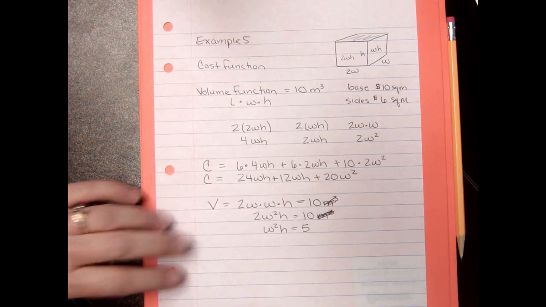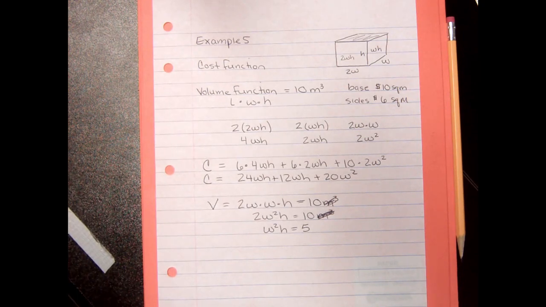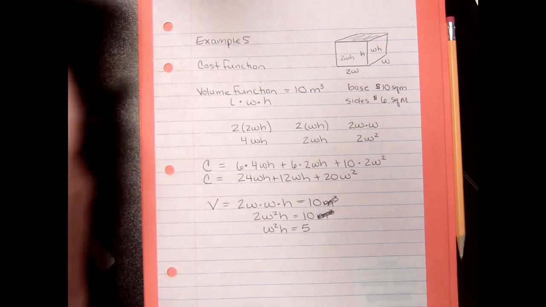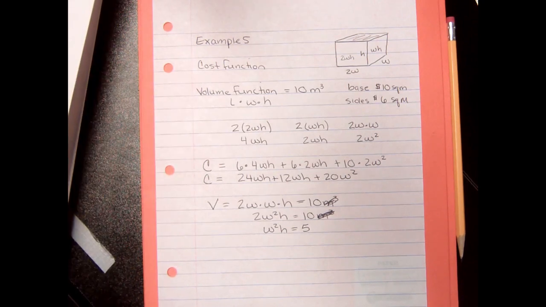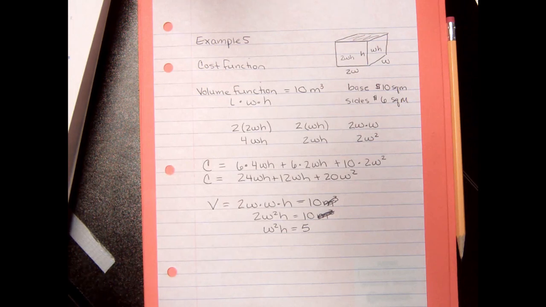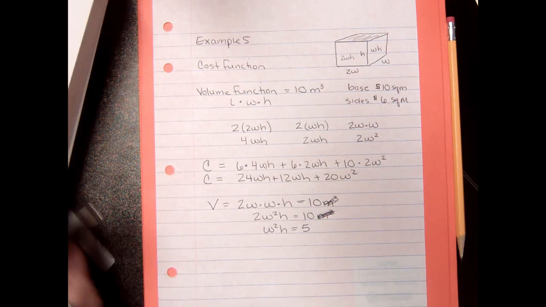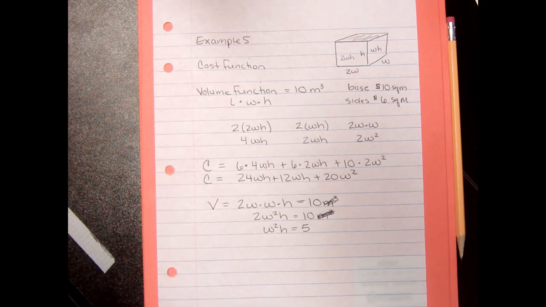Now let's see what they want us to do in the rest of number 5. They want us to express the cost of the materials as a function of the width of the base. Okay, so they want us to use the width only to express it. Right now we have too many variables.